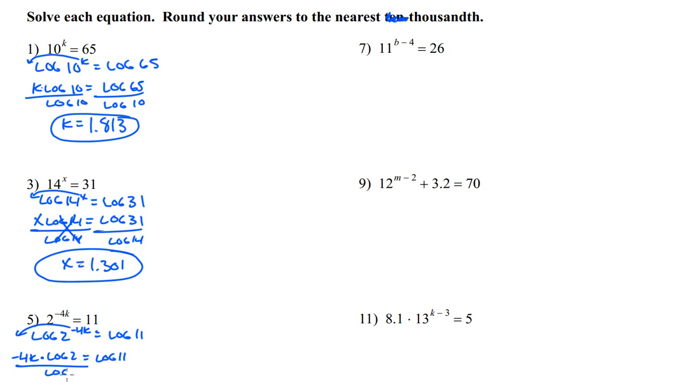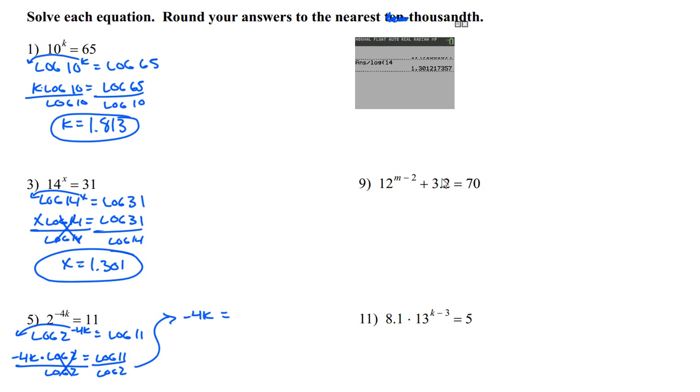We divide both sides by log 2. And we get negative 4k on one side, and that's going to equal whatever log 11 divided by log 2 is. Log 11, divide by log 2 equals 3.549.